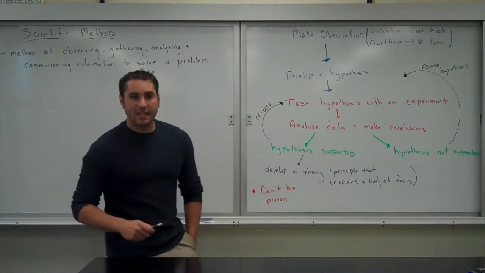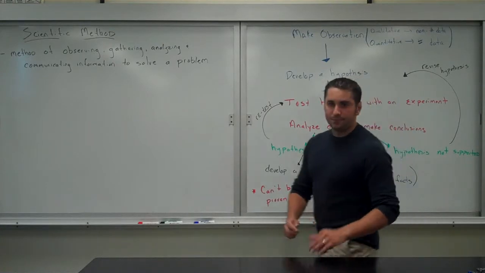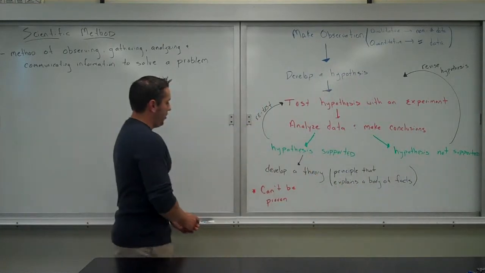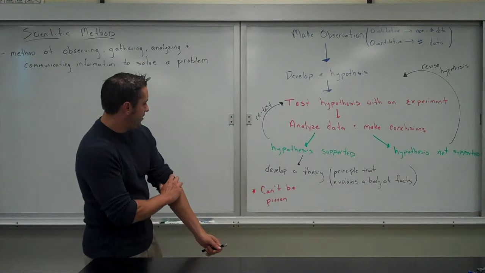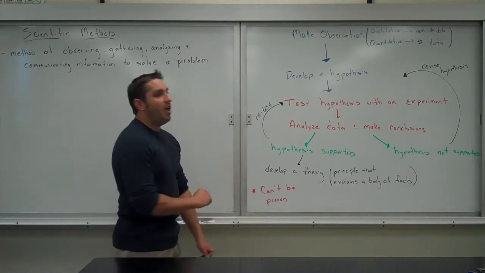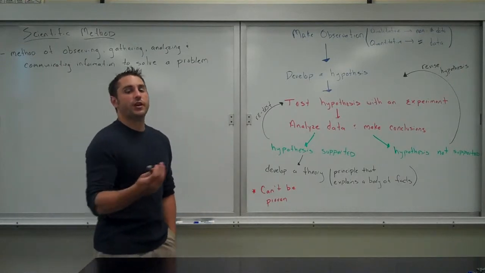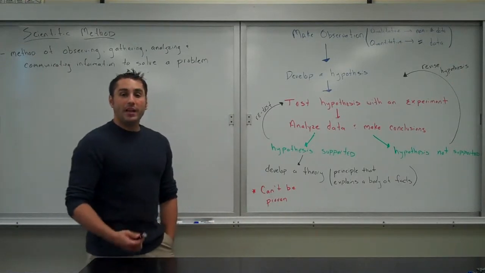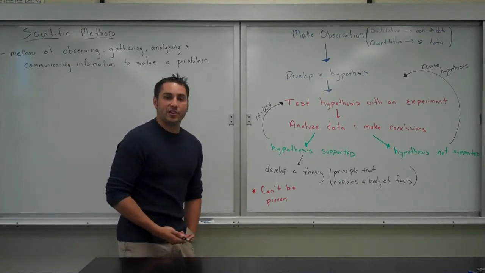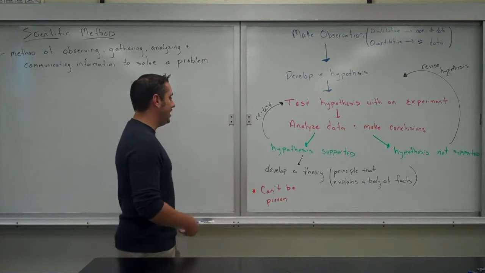A great example of this has to do with astronomy. When we first started looking at planets and things that we could see from the Earth, the main theory was something called a geocentric model. Everybody believed that Earth was the center of the universe, and for 1,500 years they had data that supported it.